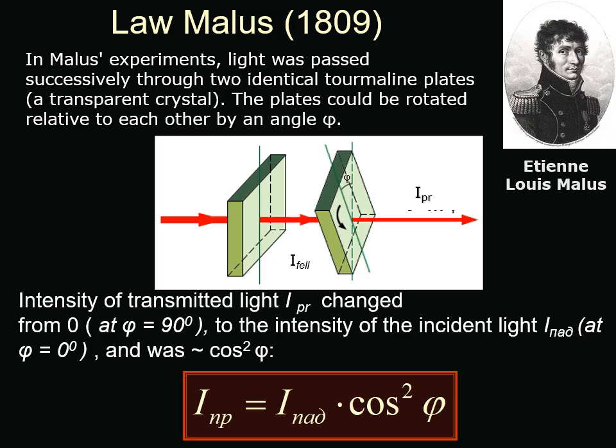Here, it is a beam of polarized light passing through the second plate of tourmaline, that is, passing through another crystal that is capable of polarizing light.